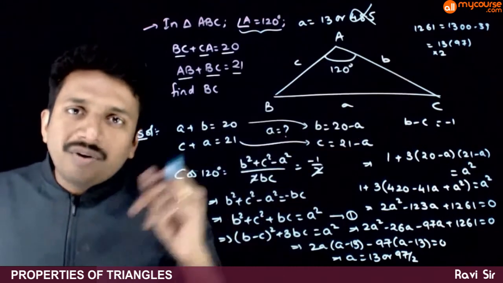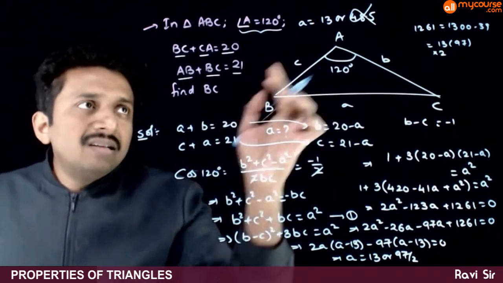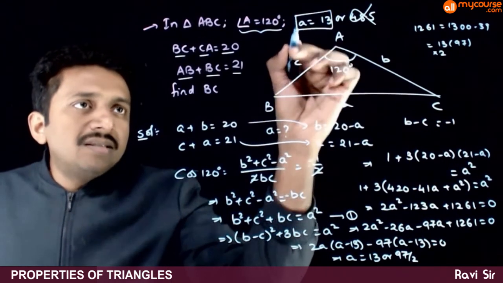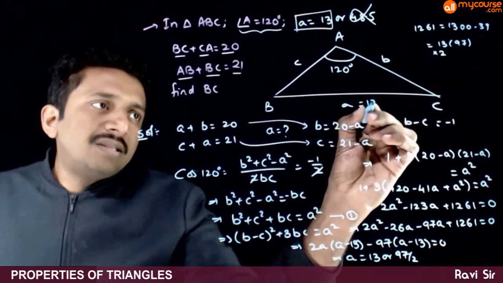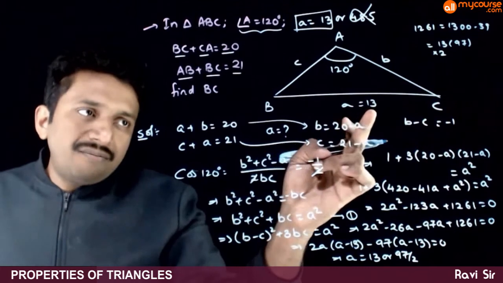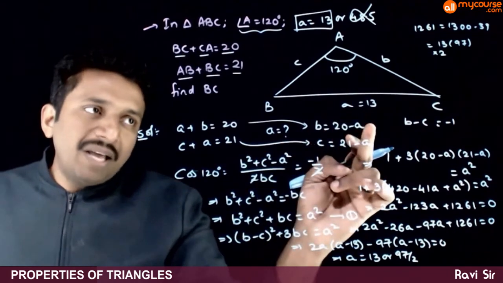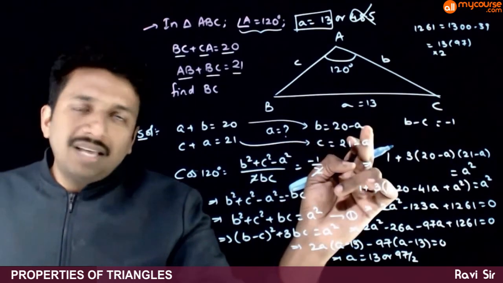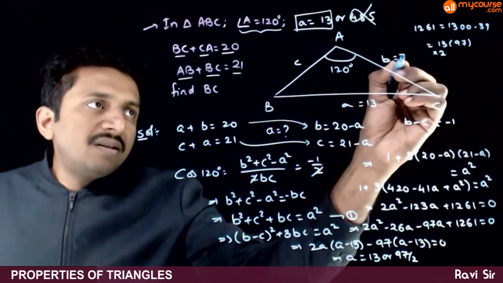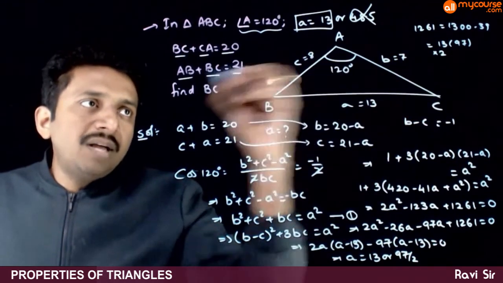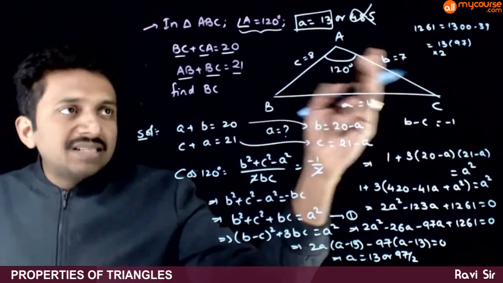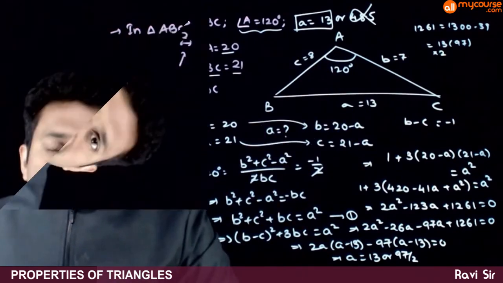So 48.5 has to be discarded. So the answer will be A is equal to 13. And from this, you can get the remaining sides. B is 20 minus A, so B is equal to 7. And C is equal to 21 minus A, which is equal to 8. So the sides are 7, 8 and 13.